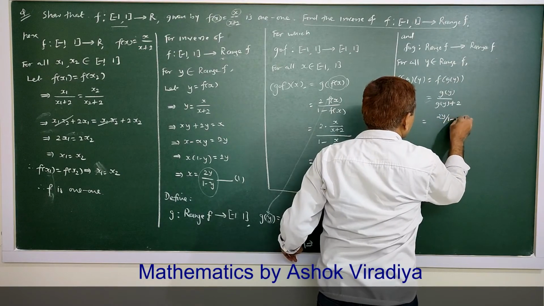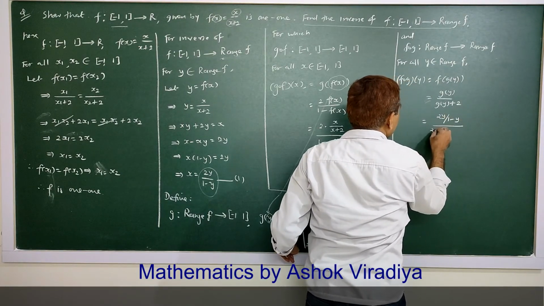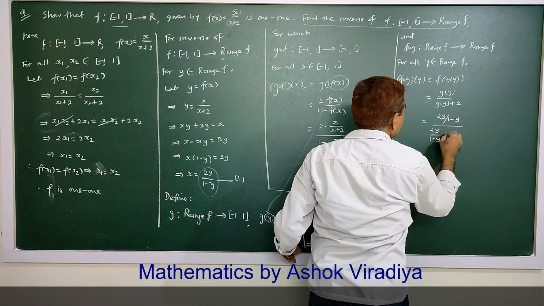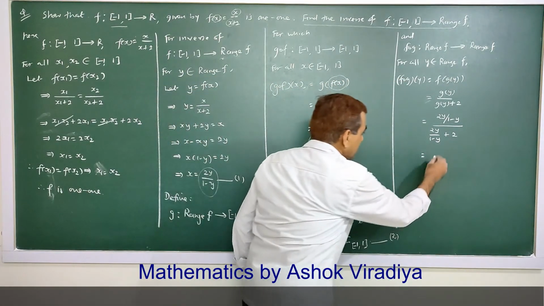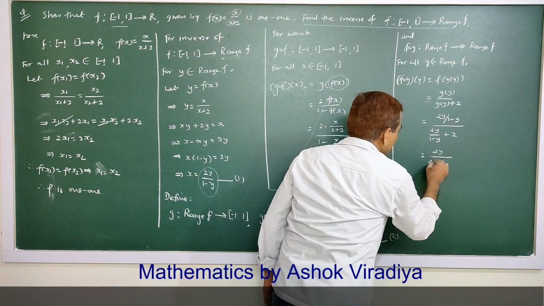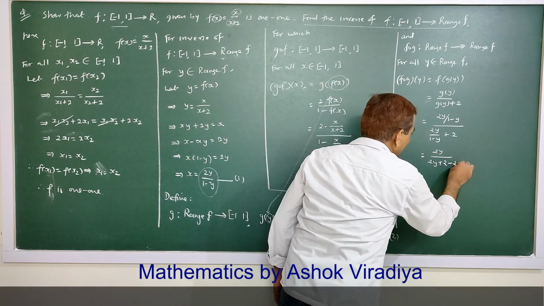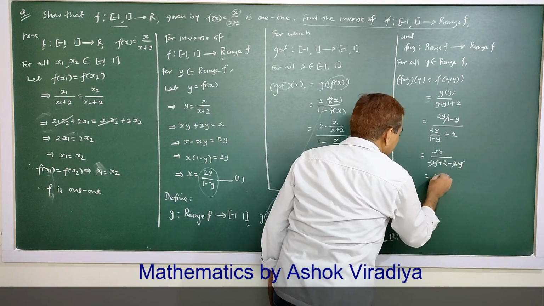So here 2y upon 1 minus y, plus 2. So this is 2y upon 2y plus 2 minus 2y. This cancels, and it is y.